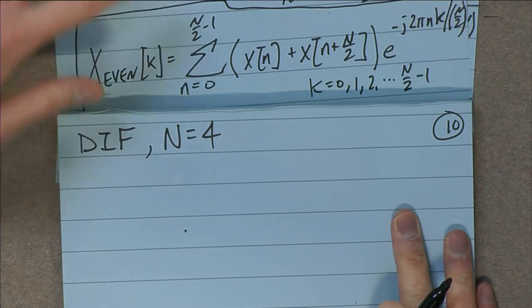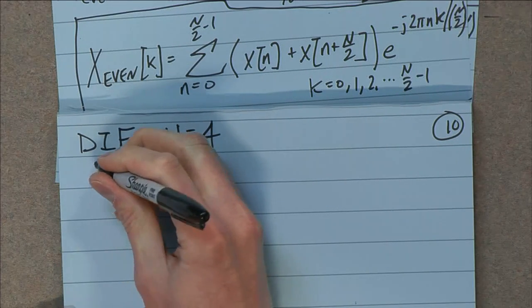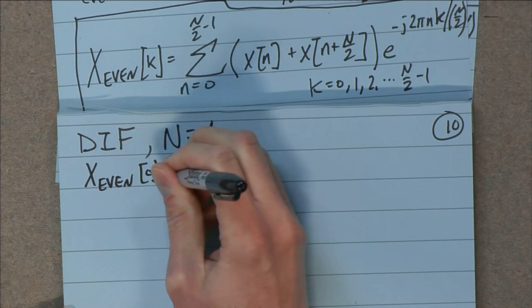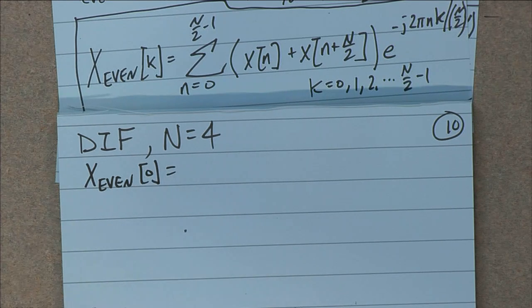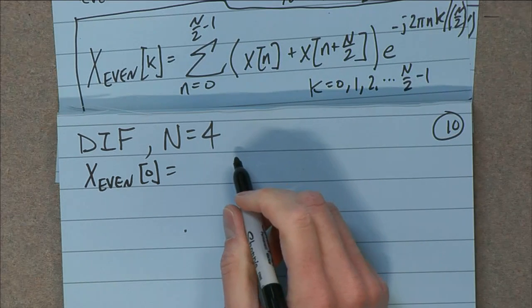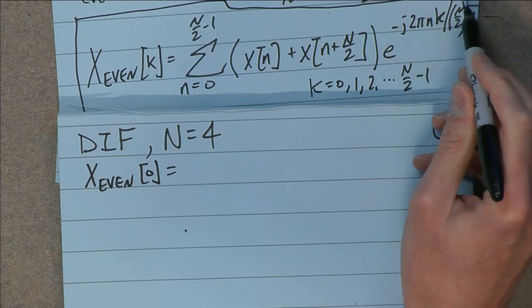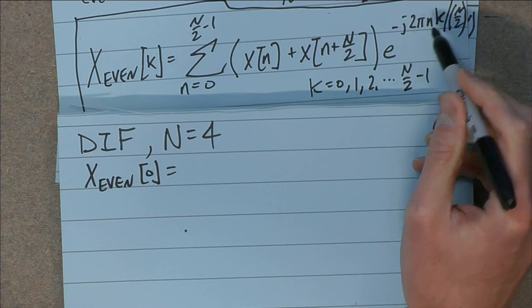So we've got our formula. What we want to do is just crank out the formulas for each one of these. So if we put in k equals 0 here, we end up summing this up, right? That k is going to be 0, so this whole factor goes away to 1.